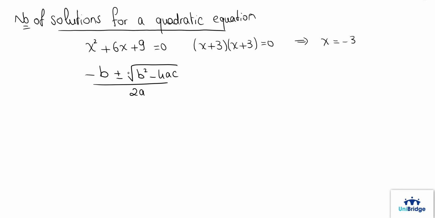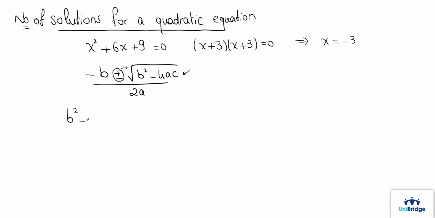It's definitely the term that follows the plus or minus, because one time you add that value, one time you subtract it. Particularly the term under the square root, which we call the discriminant, if you're interested to know its name.